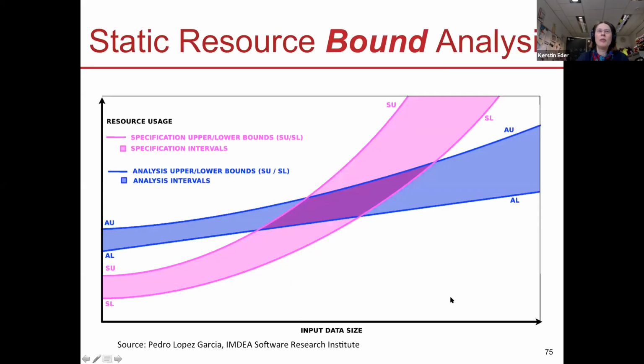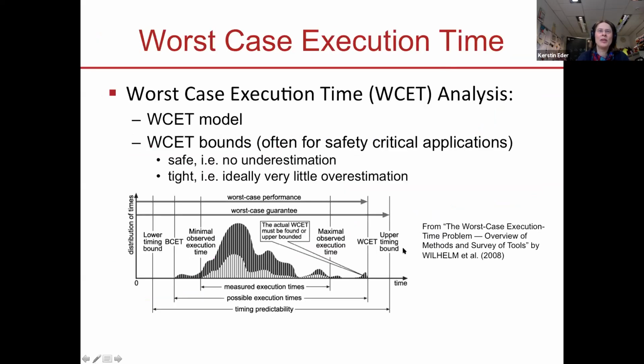Now, remember static resource bound analysis, right? It's a bound analysis. There is a fundamental mismatch between the model and the analysis, because we are after a worst case bound. So let's recap this. Worst case execution time analysis, which we looked at before, requires a worst case execution time model.